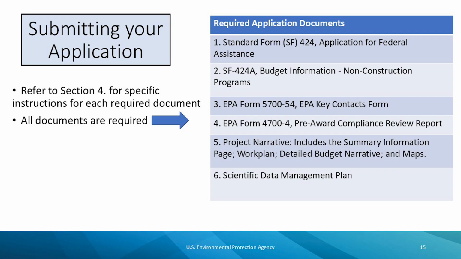The required application documents are the SF424 Application for Federal Assistance, the SF424A for Budget Information, EPA Form 5700-54 for Key Contacts for the project, EPA Form 4700-4, which is the Pre-Award Compliance Review document, the project narrative, which includes the summary information page, work plan, detailed budget narrative, and maps and tables, the budget table, and the scientific data management plan.